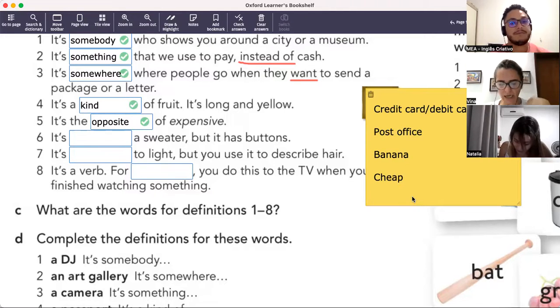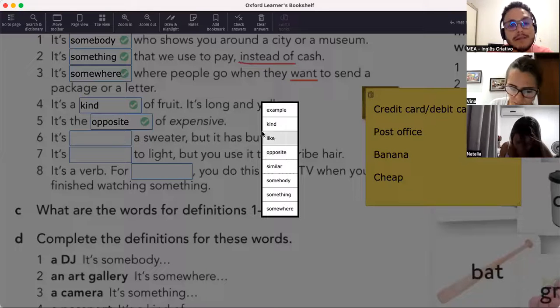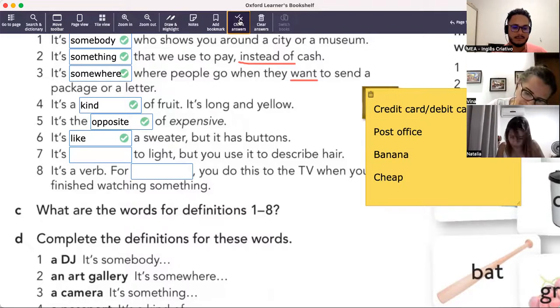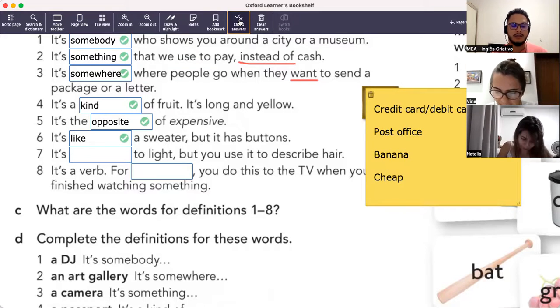It's like... Yes, it's correct. It's like too light. No. It's like a sweater, but it has buttons.